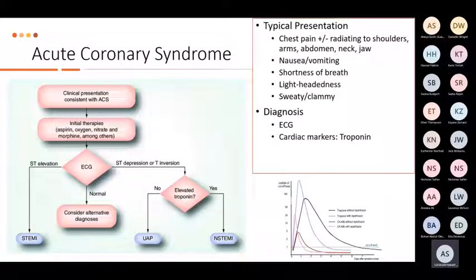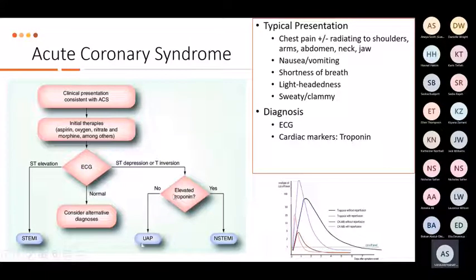So with your clinical presentation, you do your ECG. If there is an ST elevation, you go down the STEMI route. If the ECG shows an ST depression or T-wave inversion, that's your NSTEMI. You want to clarify if it is an NSTEMI or unstable angina, so you check the troponin. If the troponin is raised as well, then it's an NSTEMI.